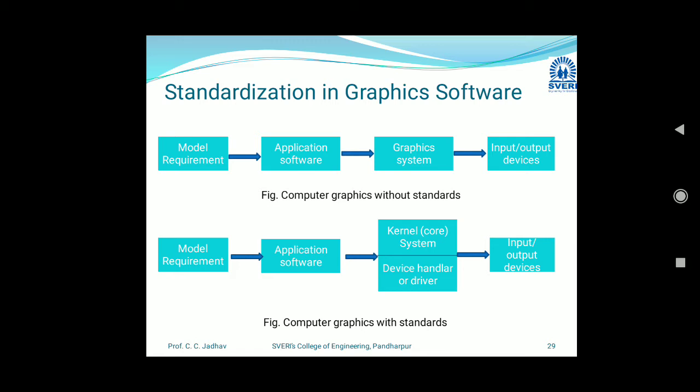The kernel core system does the buffer storage between the application software and specific hardware, and ensures the independence and portability of the object. This is the main function of the kernel core system, and it uses language binding to handle various syntax issues.